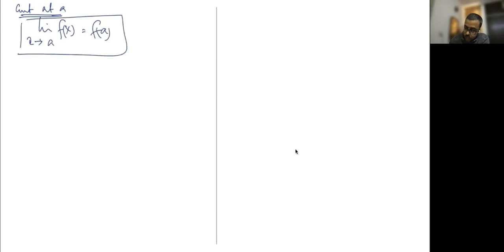Now, going back to continuity at a point. What are the different ways a function can fail to be continuous at a point a?